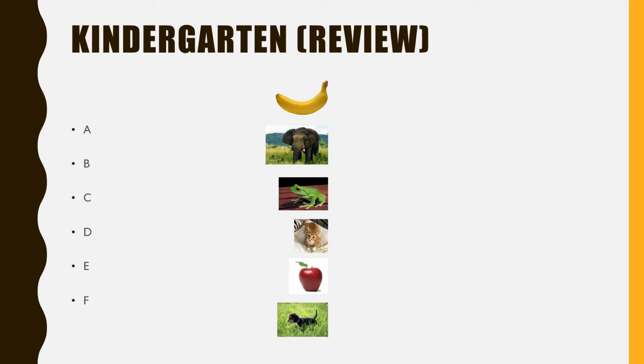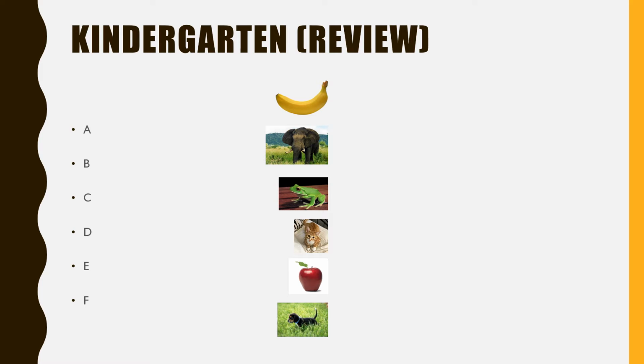First, you have to say the word of the picture. So if you can remember this up here, banana, and then you got to remember what letter banana starts with. And I'll give you a hint if you can't match already. So pause the video right now if you can match it, and otherwise continue on.